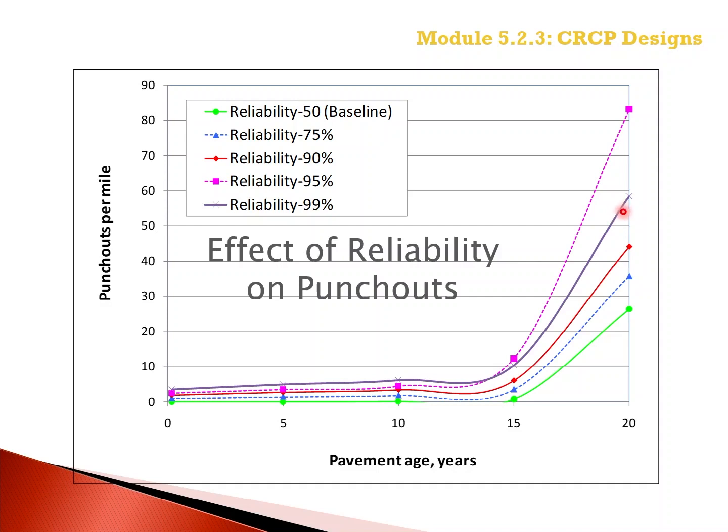The dark dashed is a 95, and then the 99% reliability is the dashed purple type line. I believe these are reversed on the legend. This is the 99% reliability, the 95% reliability, and then the 90% reliability. So reliability does have an important impact.